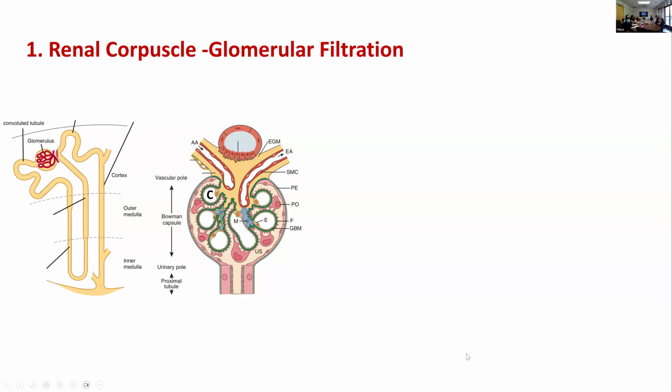So of course, let's get into the renal corpuscle, and how its structures help in blood filtration, or glomerular filtration. The important component of the renal corpuscle first is the glomerulus.